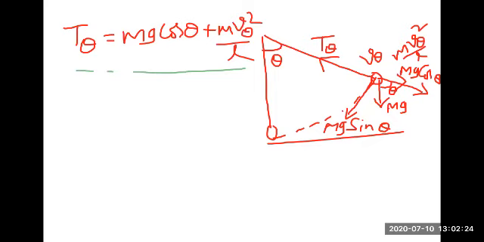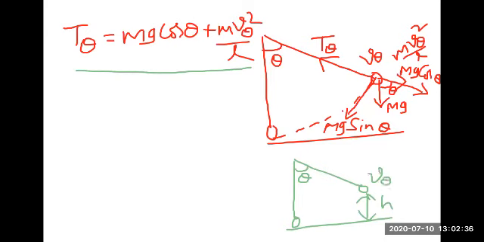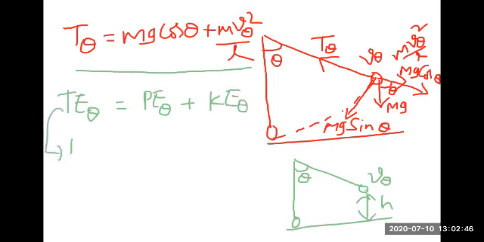Now you concentrate. Here it is raised to a height h, we told. From here to here it rises height h. So here the velocity is v theta and it is raised to a height h. So what is the total energy at theta? Total energy at theta means potential energy at theta plus kinetic energy at theta. The potential energy at theta I can write as mgh, and kinetic energy as half mv theta square.